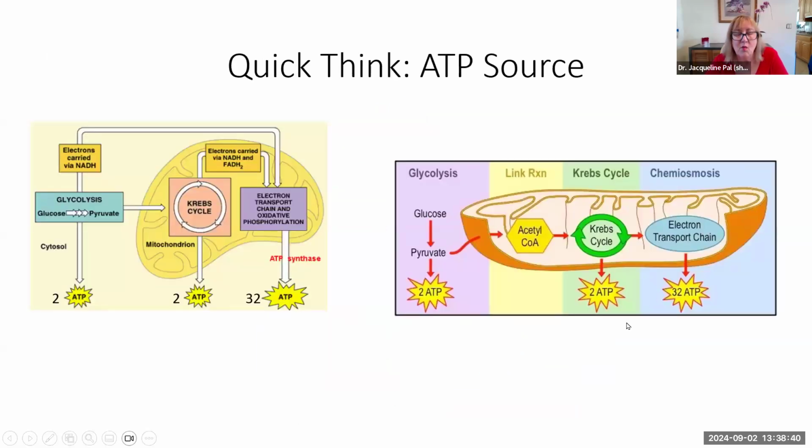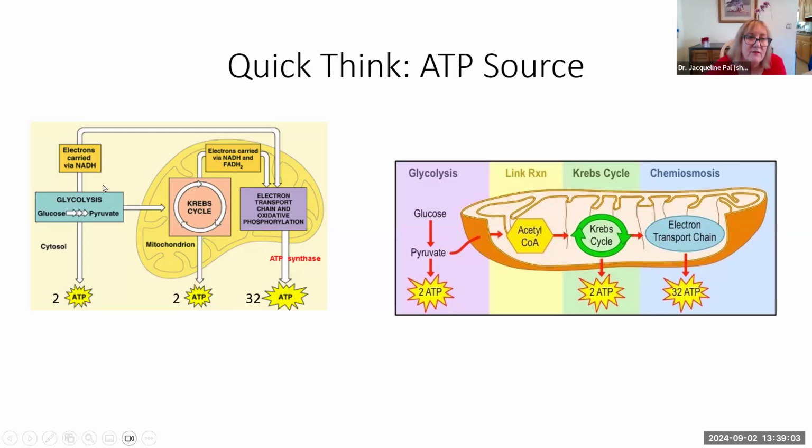So once again, take a moment. I like this picture to the right because it's very simple, shows you the 4 steps, shows you how much energy is being made from each one. A net of 2 ATPs from glycolysis, a net of 2 ATPs directly from the Krebs cycle.